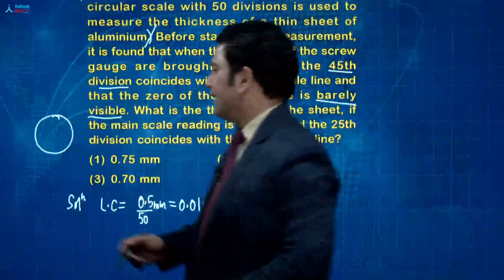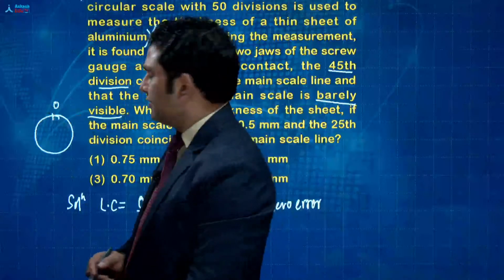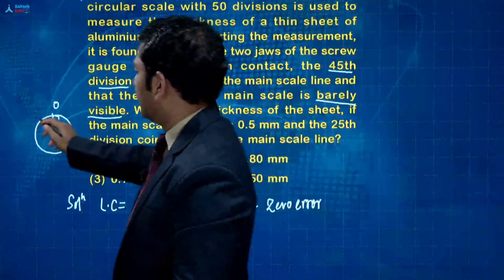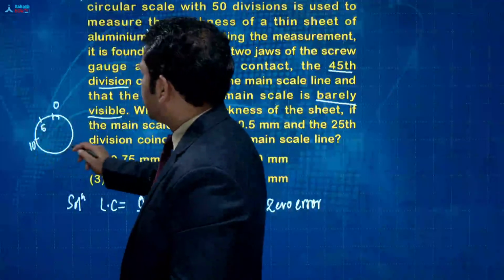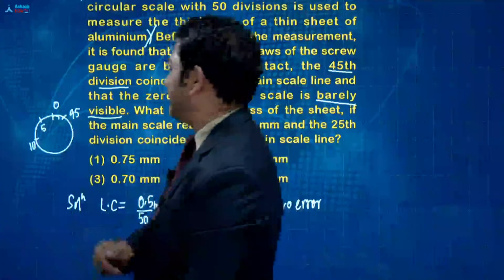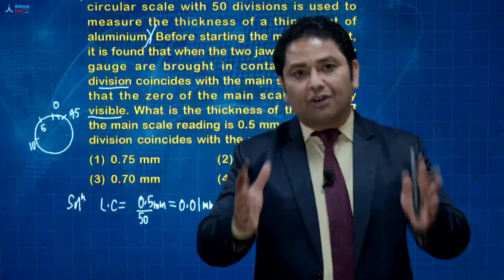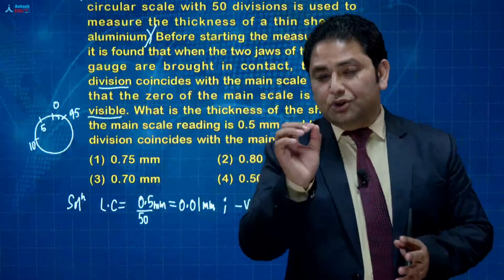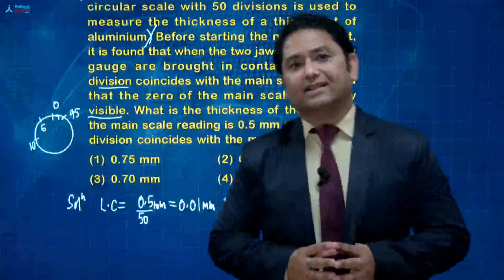Now let's say that this is 0, right? That's how it goes. और जैसे हम चढ़ते हैं, मान लेते हैं ये clockwise घूमता है. So this would be 5 kg, this would be 10 kg. करते करते, let us say this is 95 kg. इसका मतलब आप बताइए, ये जो weighing machine, how much total weight can it measure? It can measure up to 100 kg. 100 kg से ज़्यादा वो नहीं कर सकता.